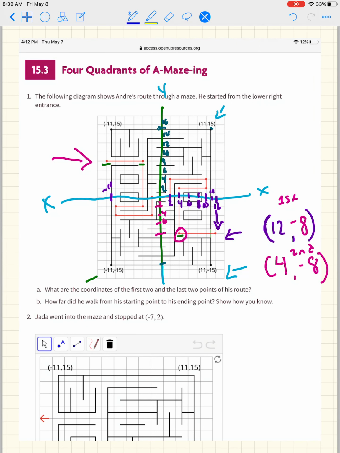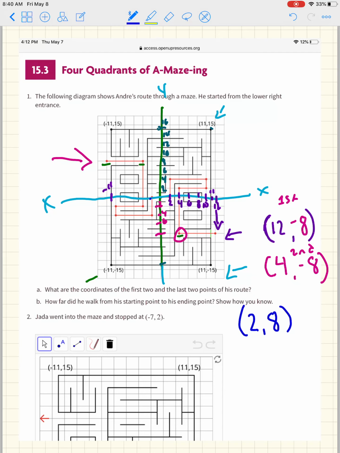Our second to last point is 2 spaces for our x value over, and then if you count up, you can see that it's at positive 8. Okay, now our last point is 1, 2, 3, 4. It's at negative 12. Okay.